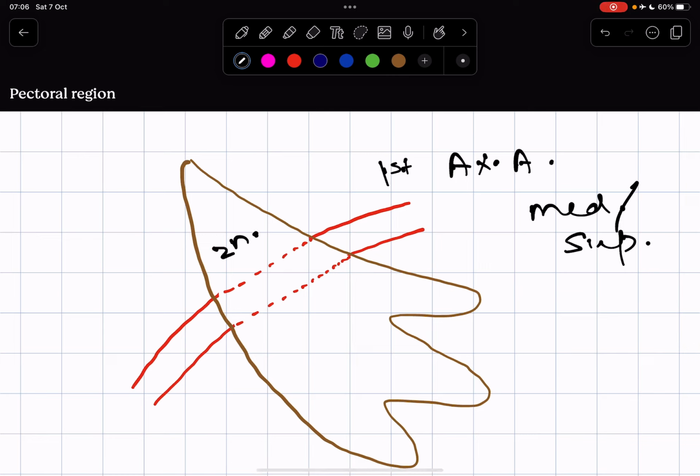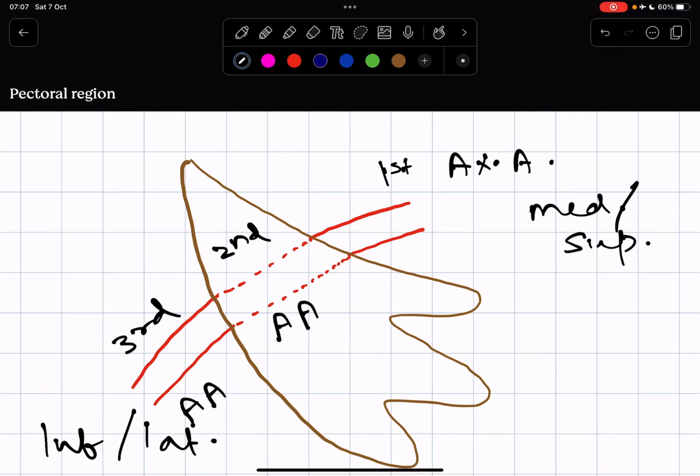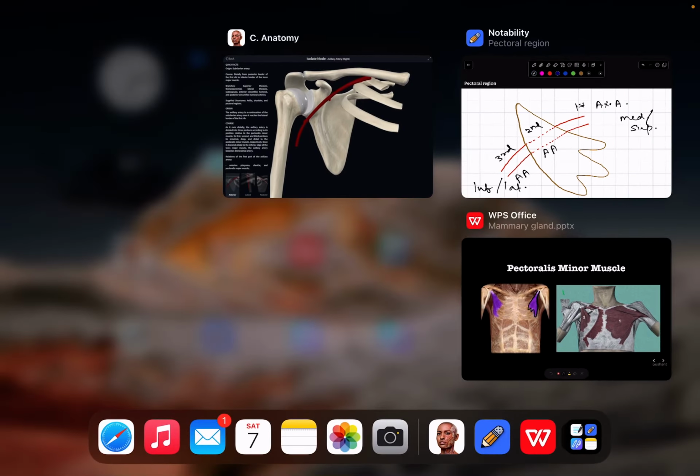This is the second part that lies deep to or posterior to the pectoralis minor muscle, and this is the third part of the axillary artery that lies inferior or lateral to the pectoralis minor muscle. So this is how the axillary artery is divided by the pectoralis minor muscle.